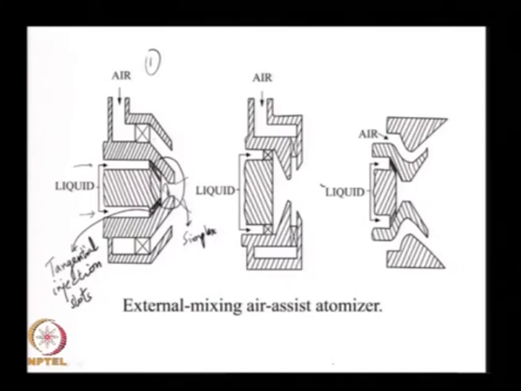On the outside, we have air coming in, again remember this is an axisymmetric design. So, this air is also being fed in through here, and this indicates a swirler.